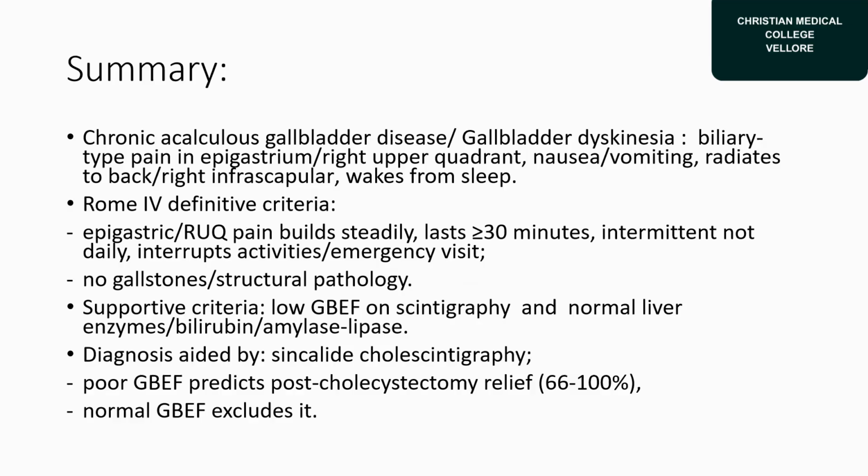The supportive criteria include a low GBF on scintigraphy and normal labs. Your diagnosis would be aided by Synclinide scintigraphy, where a poor GBF predicts the post-cholecystokinin relief seen in about 66 to 100% of the patients, and a normal GBF excludes the disease.